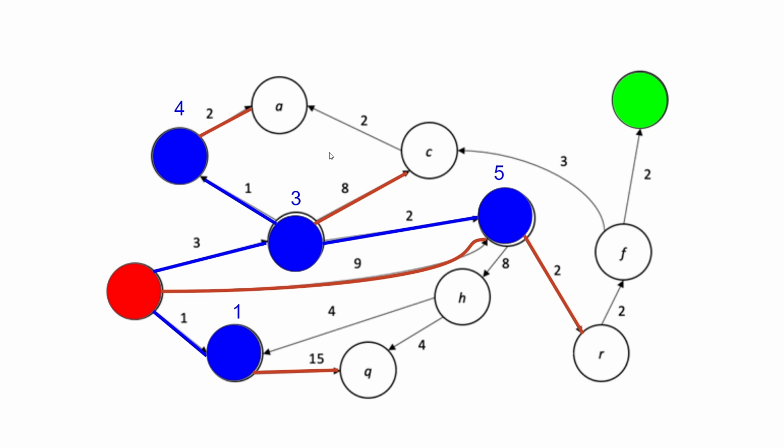From here, our costs are 6, 11, 7, or 16, or 9. Actually, this one is never considered because it leads to this node, which has already been added. And the cheapest one of all these is this one, so we will add it.